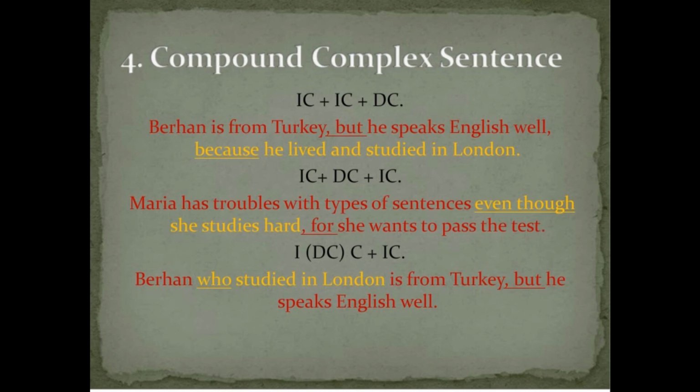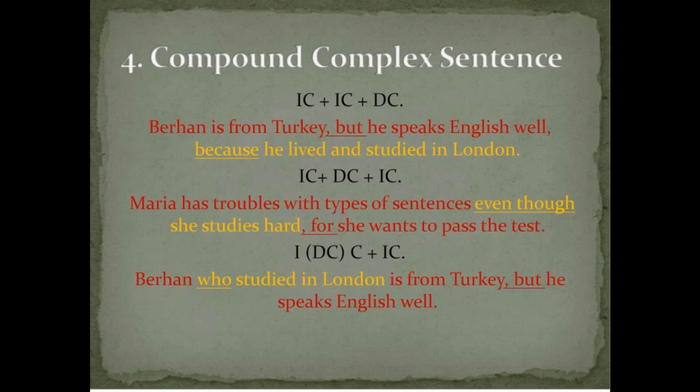The order of ICs and DCs will vary in compound complex sentences. It can be any order. Let's look at the second type, IC plus DC plus IC, where the dependent clause is in between two ICs.